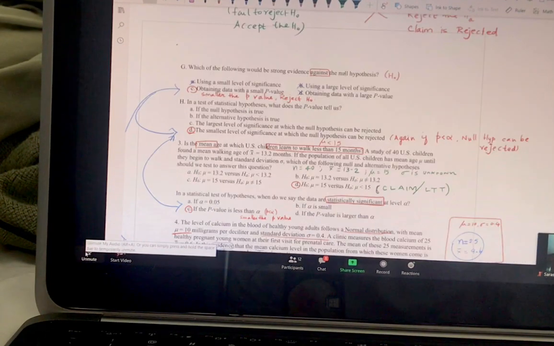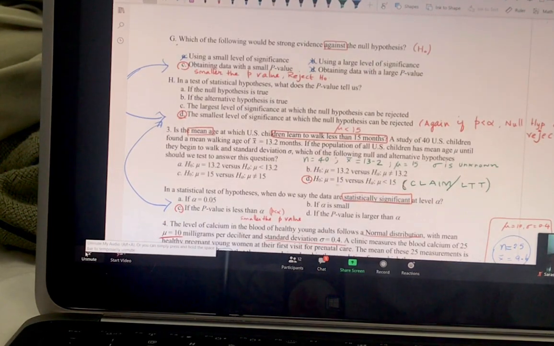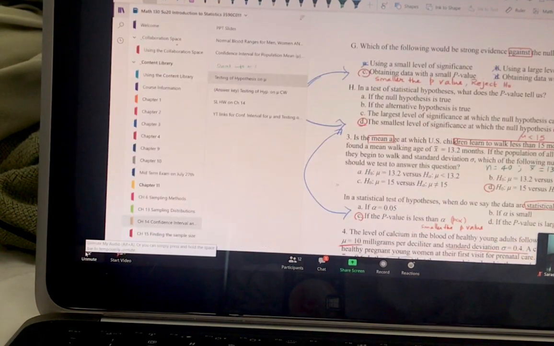Smaller the p-value, you are going to refute your null hypothesis, or your null hypothesis is going to be rejected. So again, the same concept, but with different wordings, you are asked in your multiple choice question.